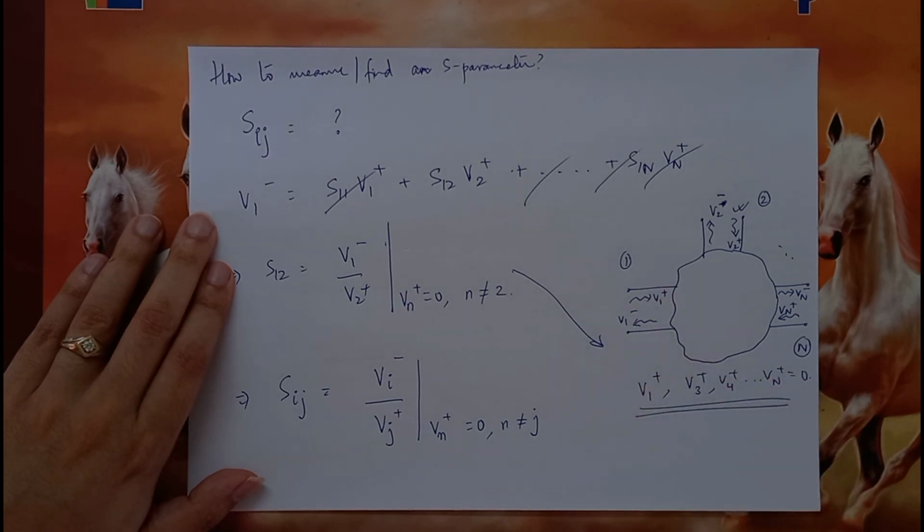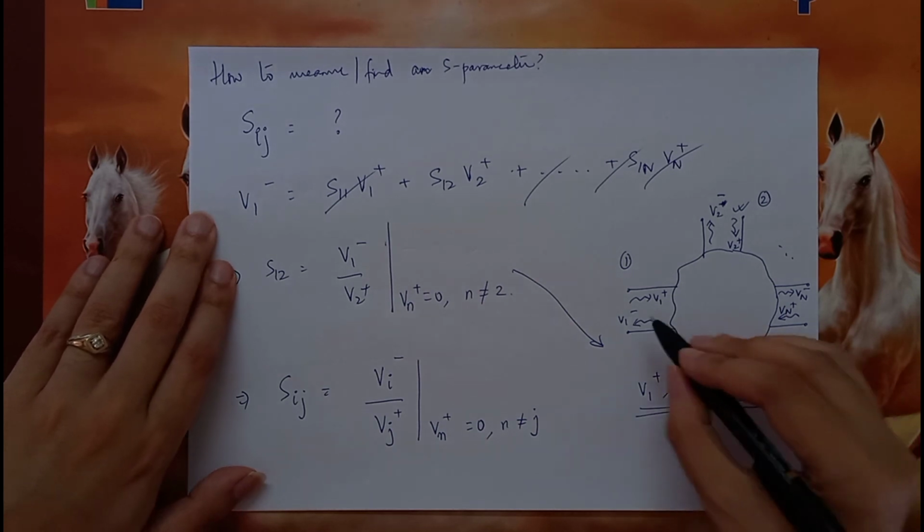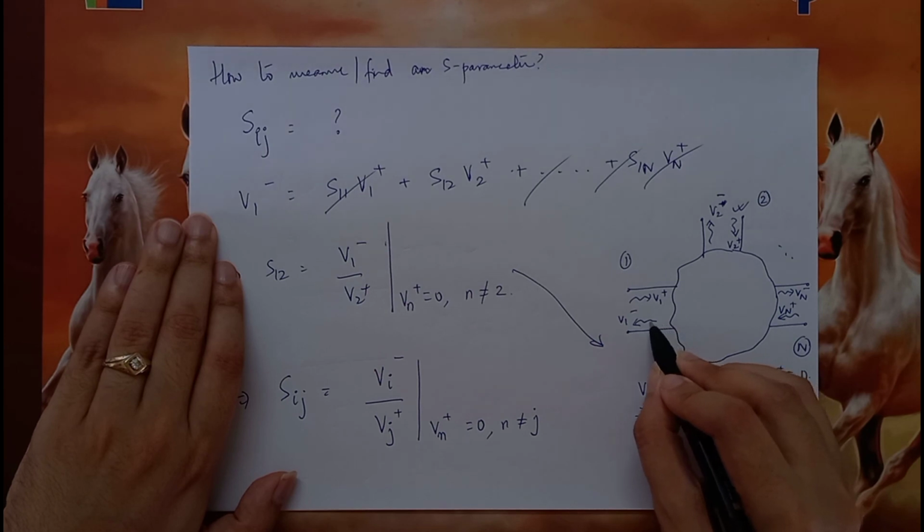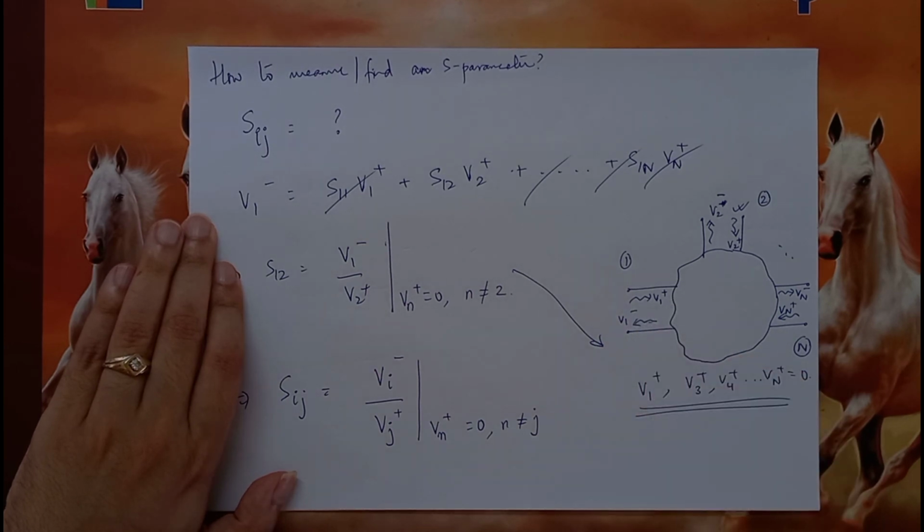How can I make V1 plus 0? How can I make Vn plus 0? What you can see is there is a V1 minus coming out of this port and a V1 plus entering this port.